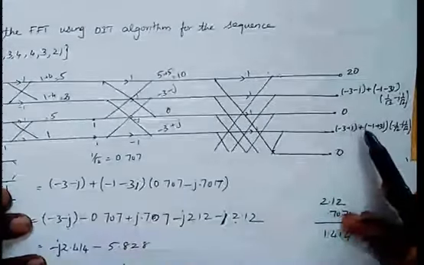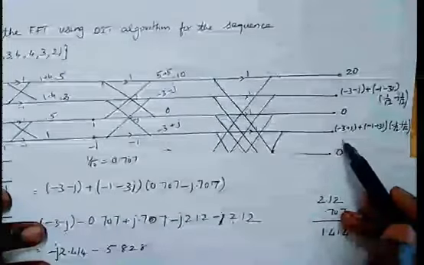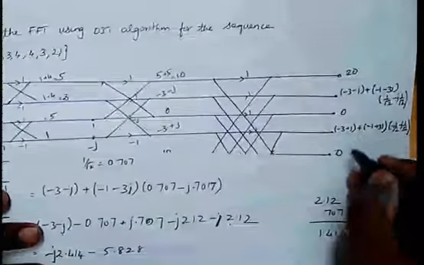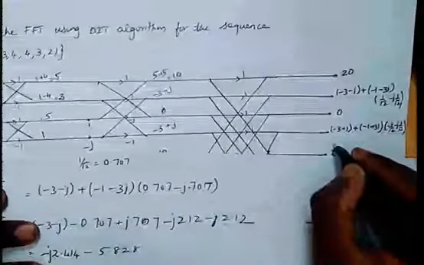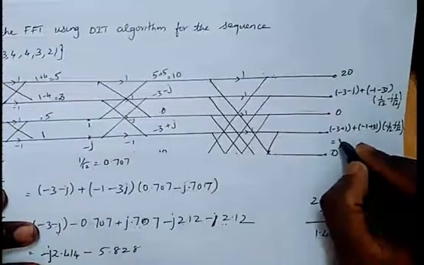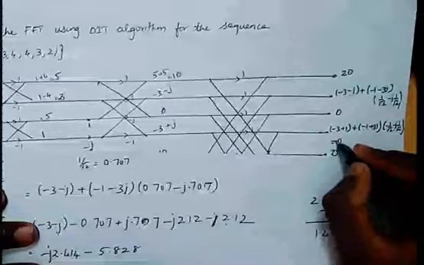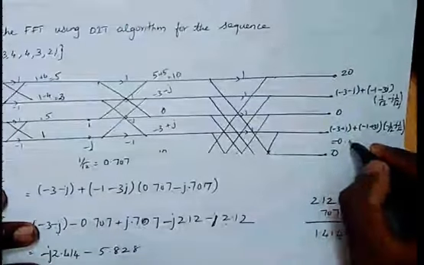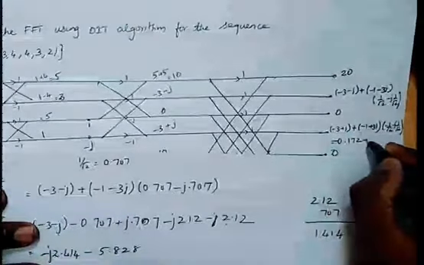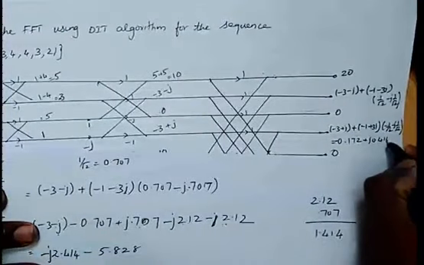This term is going to be 0, and if you just solve this term, I'm not solving it here, my aim is just to make you understand. If you just substitute it, the answer is minus 0.172 plus j into 0.414.